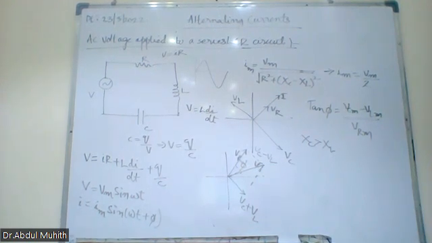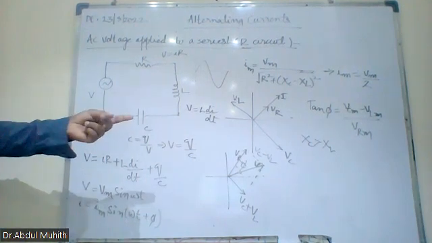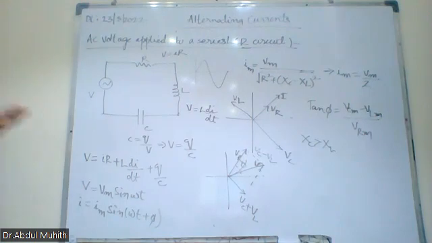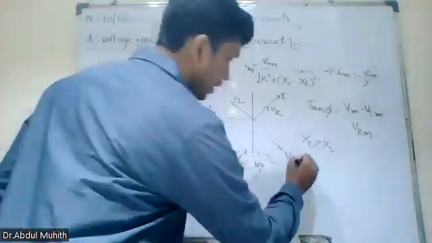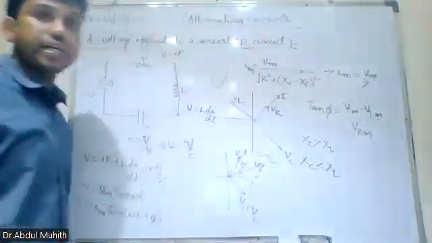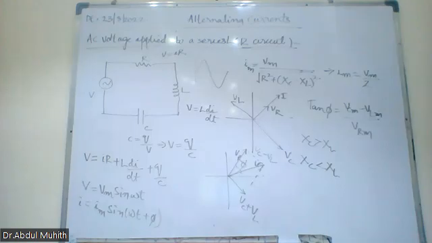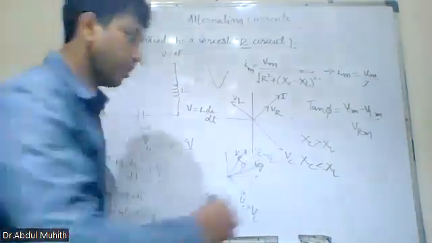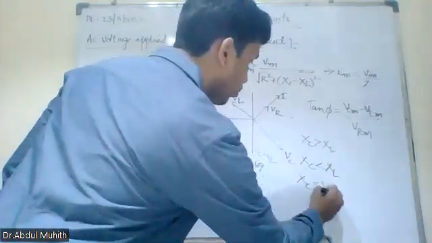So XC minus XL. Here XC, the capacitive reactance, is leading the inductive reactance. So that is known as a capacitive circuit. Suppose XC is less than XL, what will happen? This is said to be an inductive circuit. If both are equal, what will happen?